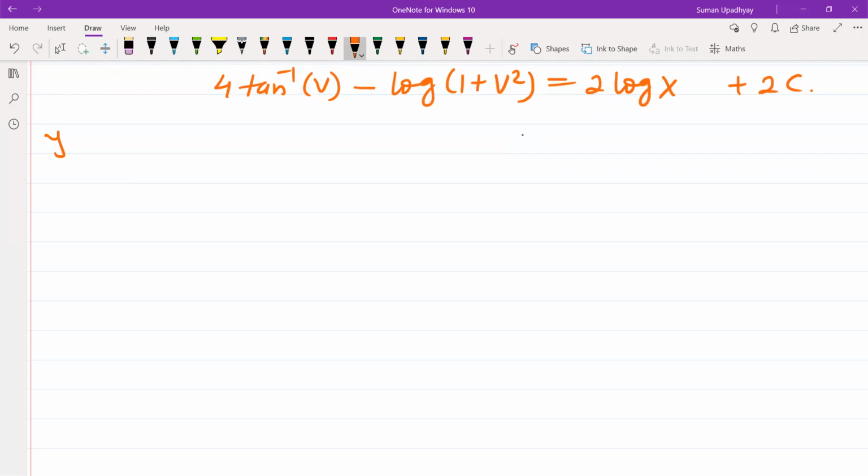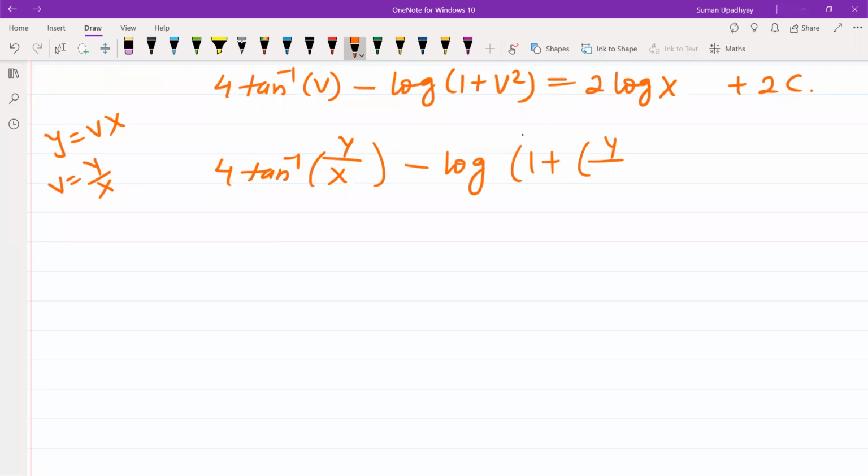What I have taken, capital Y was v times capital X. So v is going to be capital Y upon capital X. So I'm going to replace v with capital Y upon capital X. So 4 times tan inverse of capital Y upon capital X minus log of 1 plus capital Y upon capital X the whole square. This 2 log x, can I write this way? Log of x square. Yes, okay. So now, is this going to be my final answer, kids?